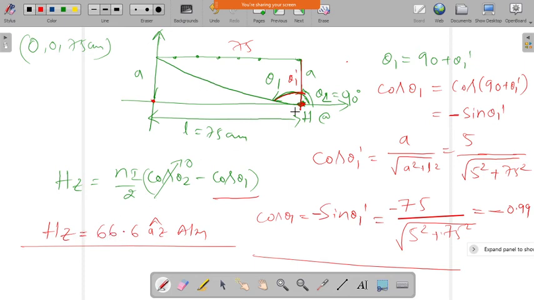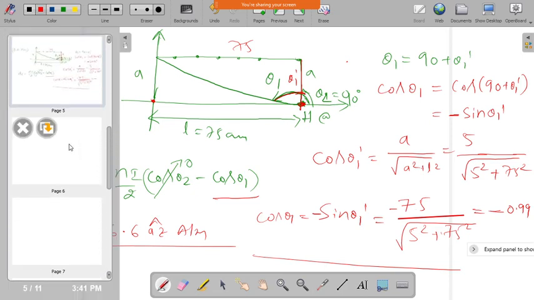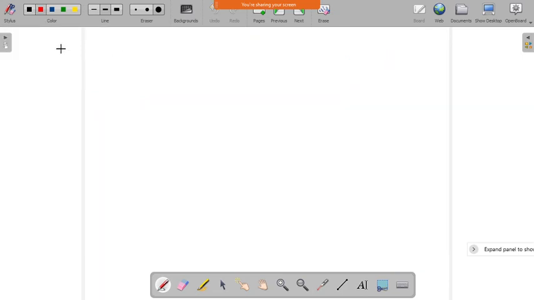So now at 50 centimeter we have to find out the third case. So we can find out the third case, which is at 0 comma 0 comma 50 centimeter. Okay, now we can find out what is theta 1 and theta 2.